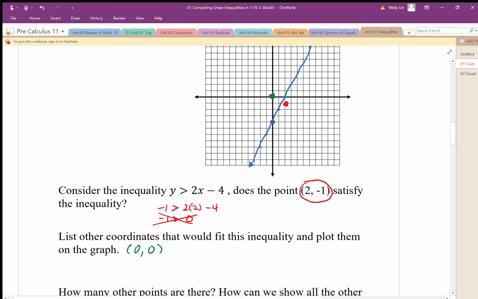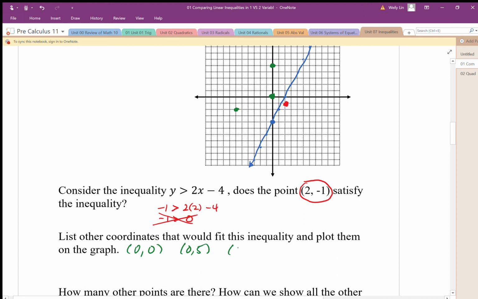What about maybe a solution here? That's 0, 5. Let's test 0, 5. y is 5 when x is 0, so 5 is bigger than -4. Yep, that works. What about this point here? Let's randomly select another point. x is -6, y is -2.